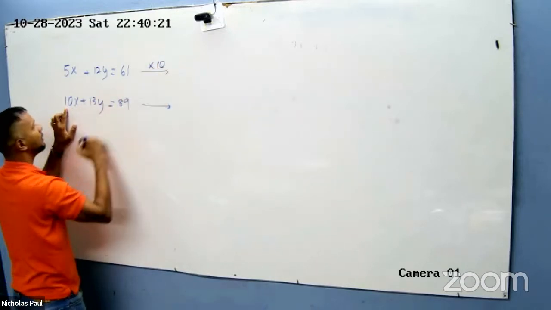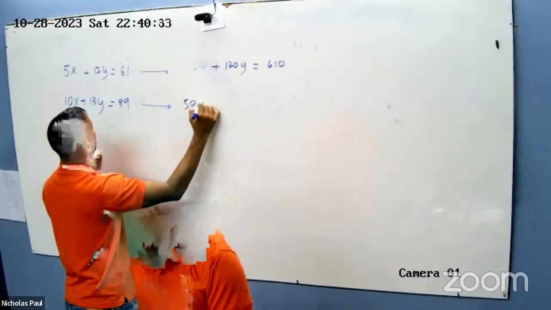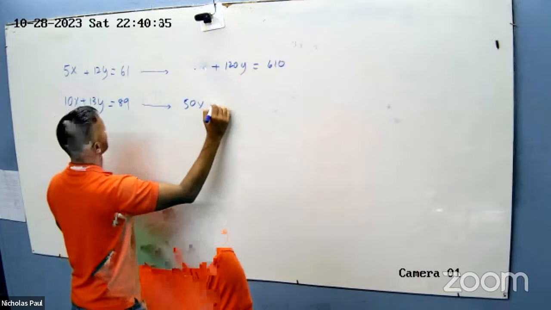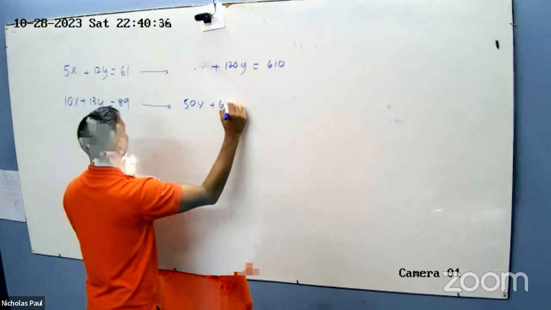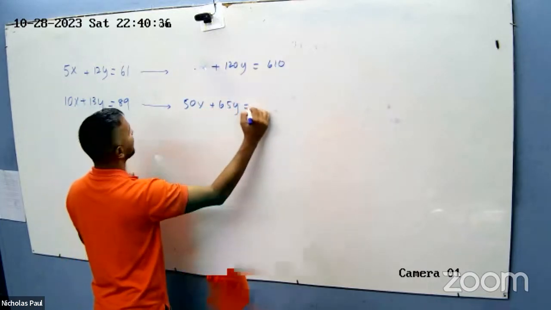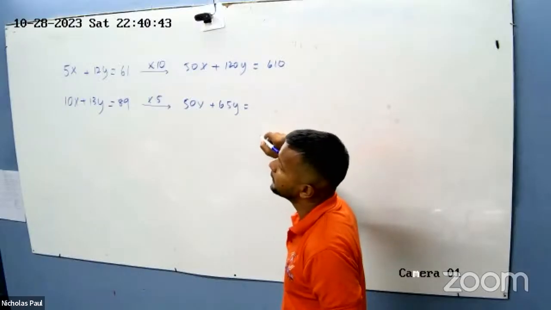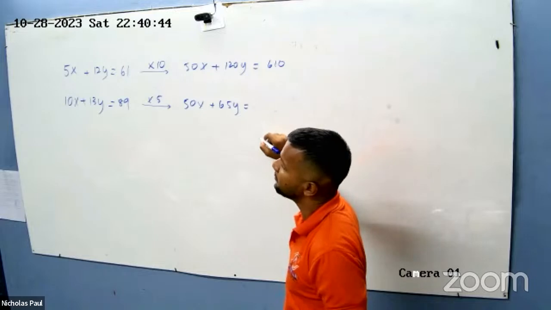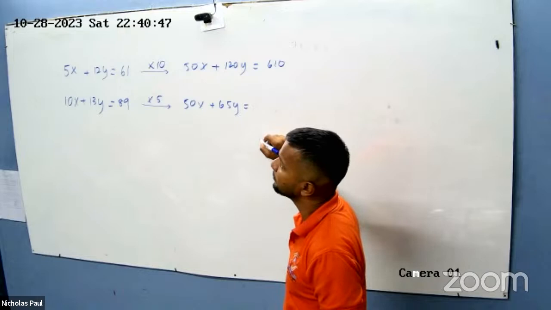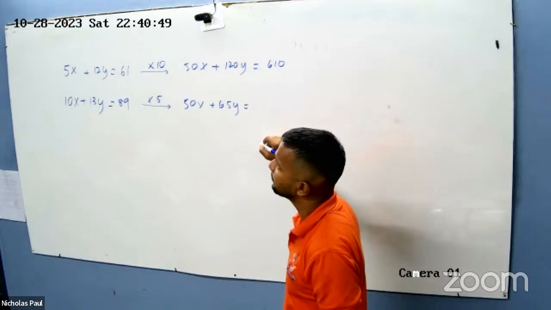Multiply this by 5, that'll be 50x plus 65y is equal to 445. How much is 89 by 5? 445. And then we minus. This is 0. 120 minus 65 is how much? 55.